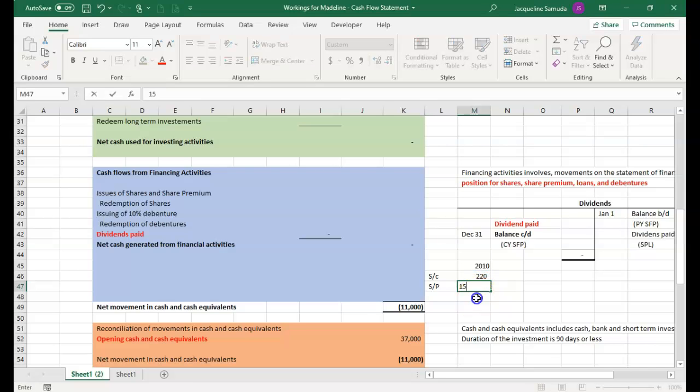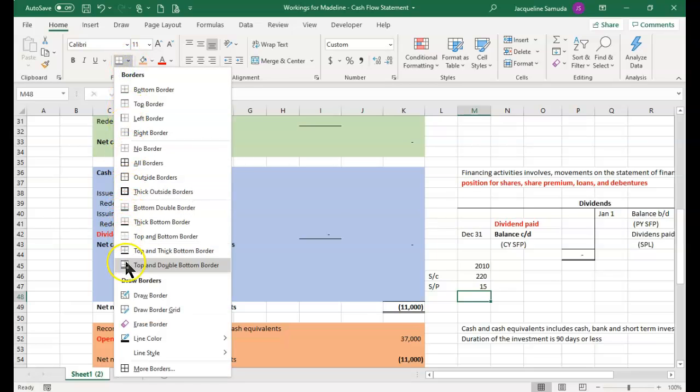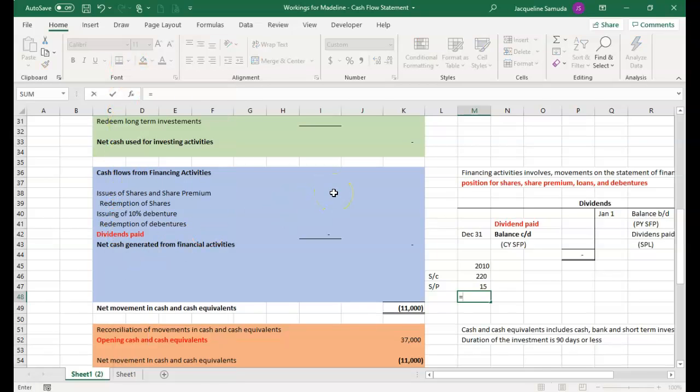So remember, we have to work the two together, and so combined we have 235,000.